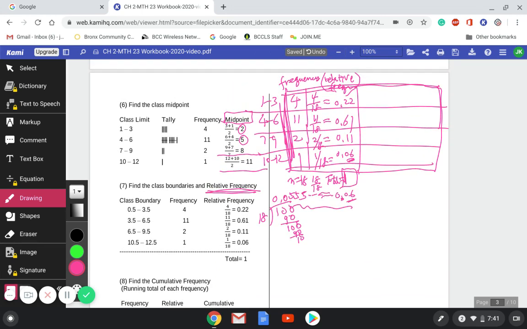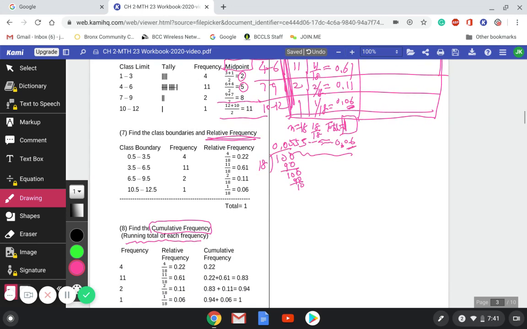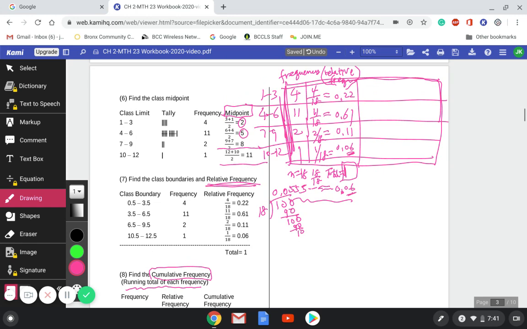Then, in case they want to find out the cumulative frequency, cumulative frequency is like running total of each frequency. So once you have cumulative frequency, it's running total. So first one is always the same number, 0.22. And then you add 0.22 with 0.61 because you're asking for the running total.